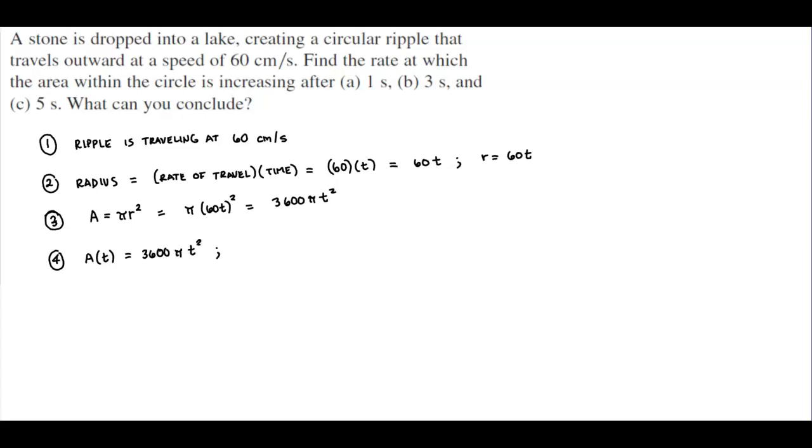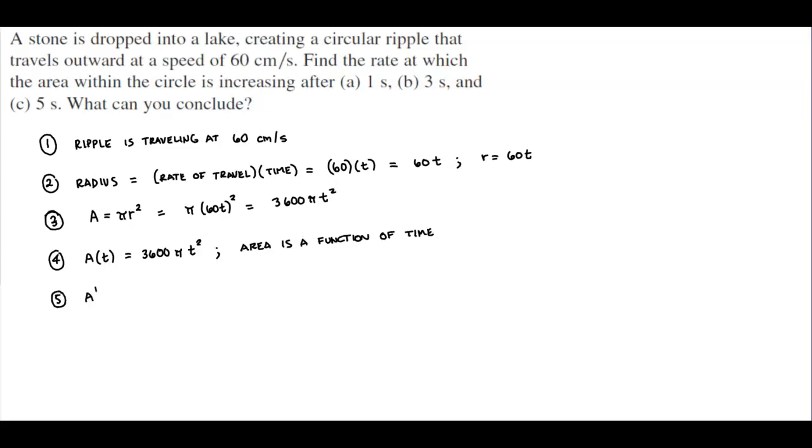And again, we can say that area is now a function of time. Okay, so before we proceed, we need to find the rate at which the area within the circle is increasing, meaning that we need to find the instantaneous rate.